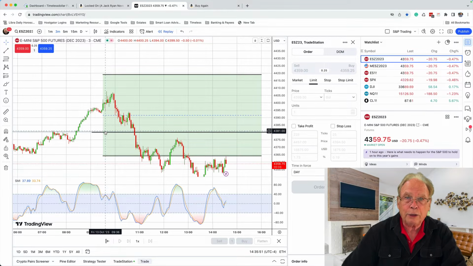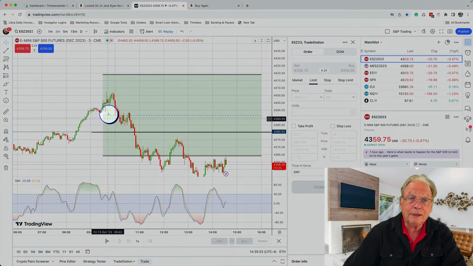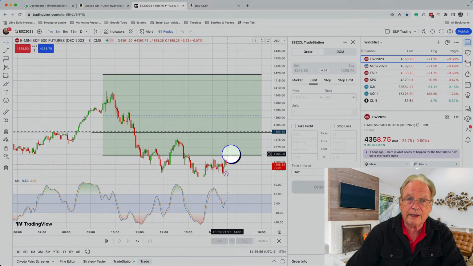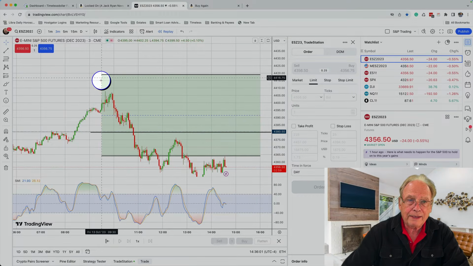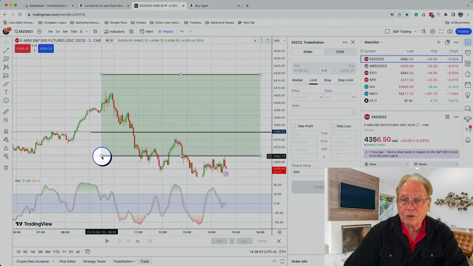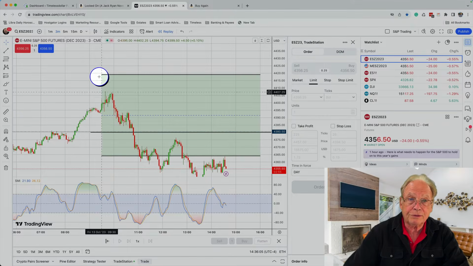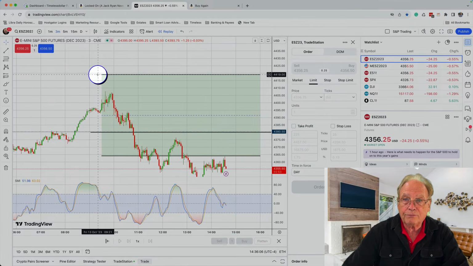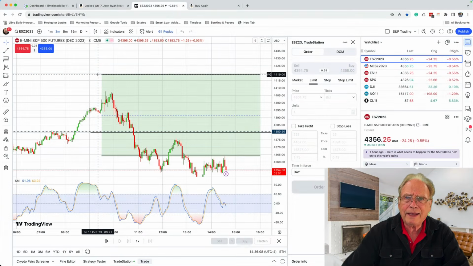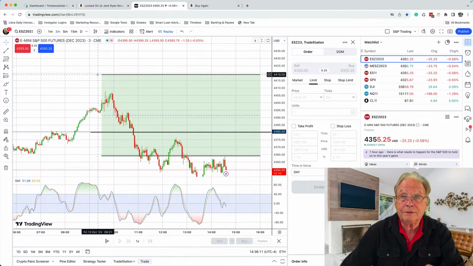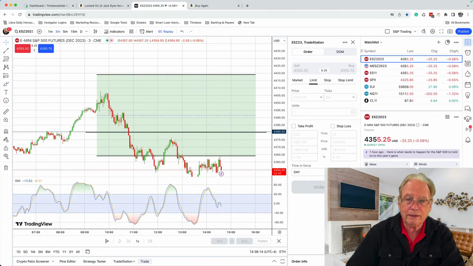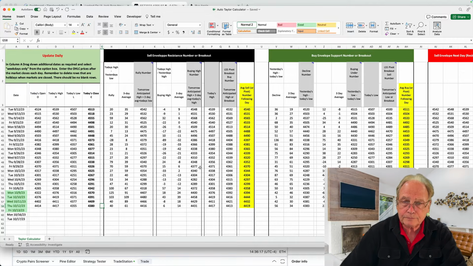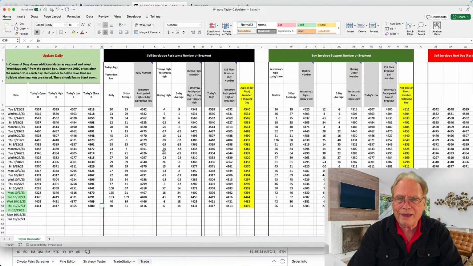To do that, I use the Taylor trading zone, the green rectangle I put on my chart. The rectangle is marked by bounds of support at 43.63 and resistance at 44.19. I get these numbers using the Taylor Trading Technique calculator, which comprises 12 calculations.